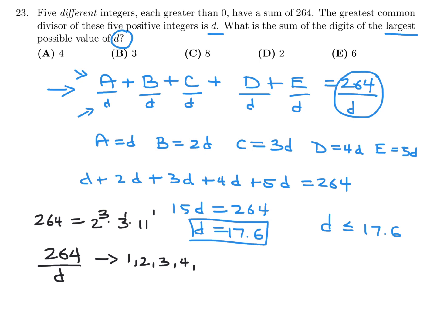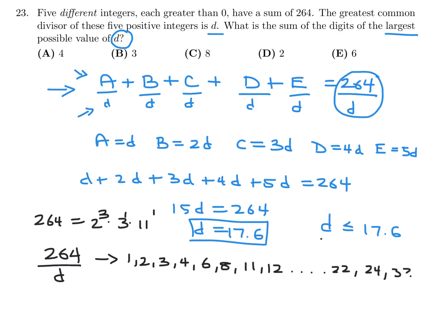Yeah, 88 times 3. Okay, so therefore the divisors would be 1, 2, 3, 4, 6, 8, 11, 12, and it kind of keeps going from there, right? 22, 24, 33, and so on.